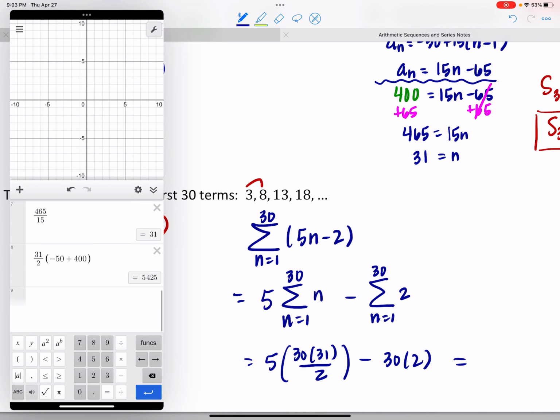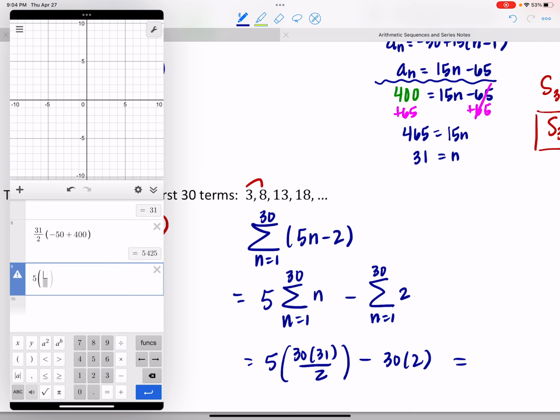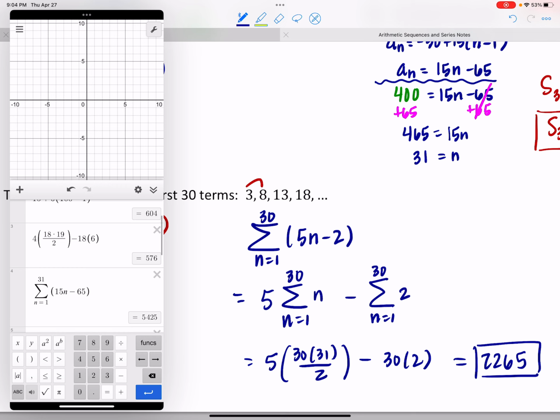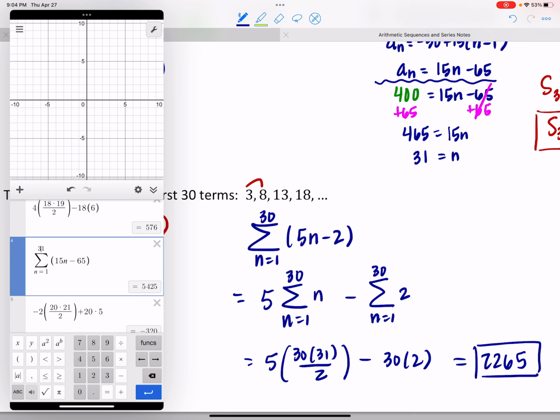So here, 5 times a fraction, 30 times 31 divided by 2, and then let's subtract 30 times 2, and we're at 2,265 for our sum.